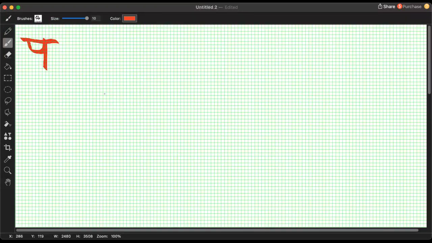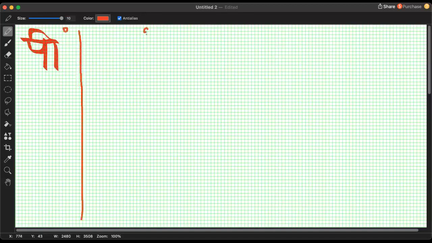If you're writing this in Sharada, I will just draw a line to differentiate between those two. Okay, this is the Devanagari and this is Sharada.